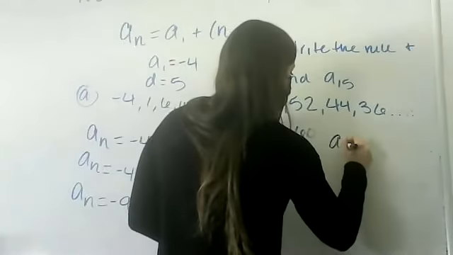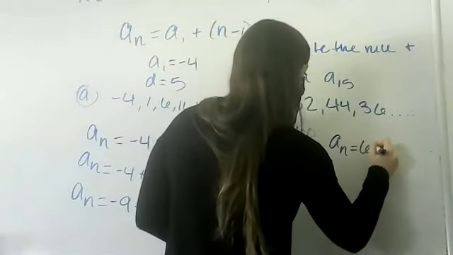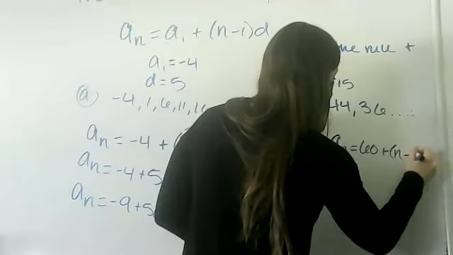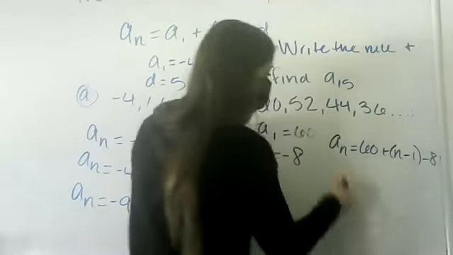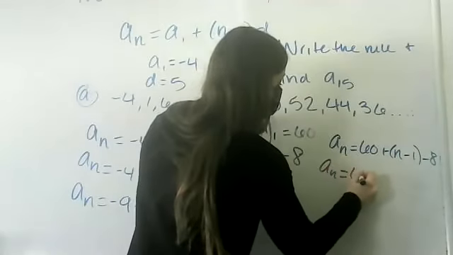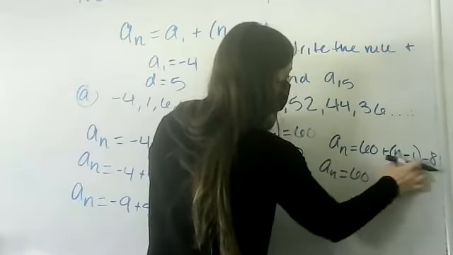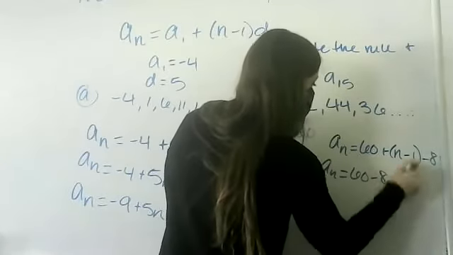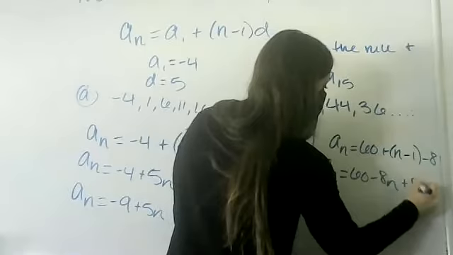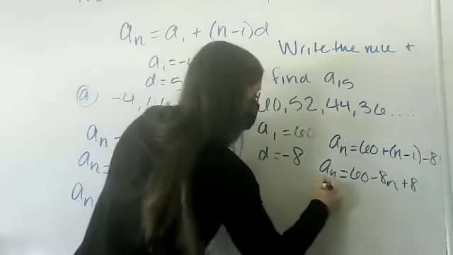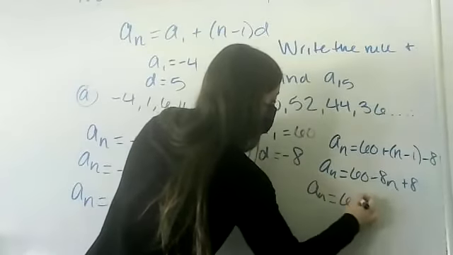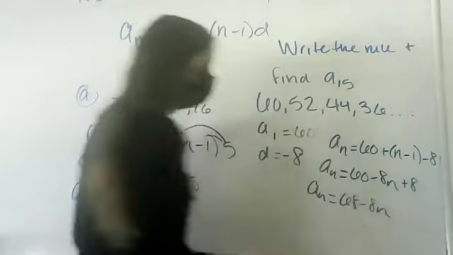So if I fill this in, a sub n equals 60 plus n minus 1 times negative 8. Distribute this to get 60 minus n times negative 8, negative 8n, and negative 1 times negative 8 is positive 8. So your rule would be 68 minus 8n.